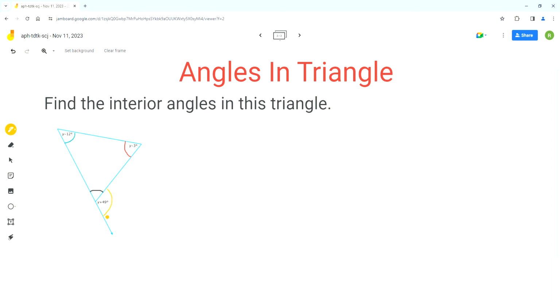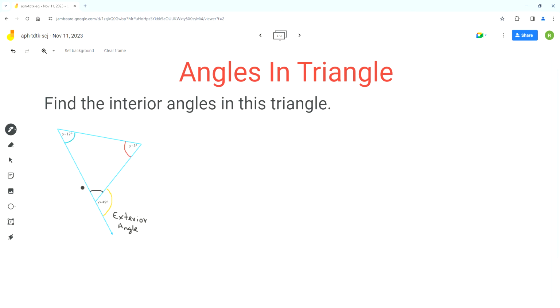So this yellow angle is an exterior angle because this angle is outside the triangle and it's adjacent to one of the interior angles. So we have to use these three given expressions to find the three interior angles in this triangle.